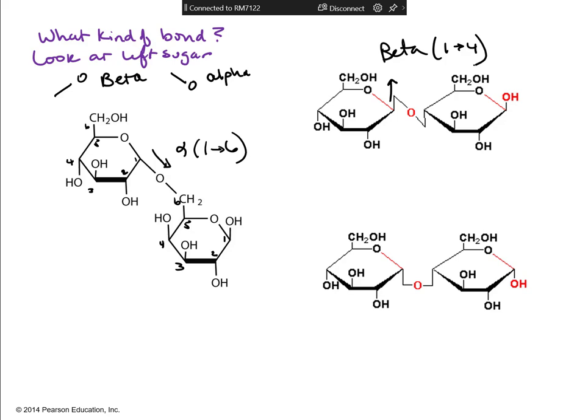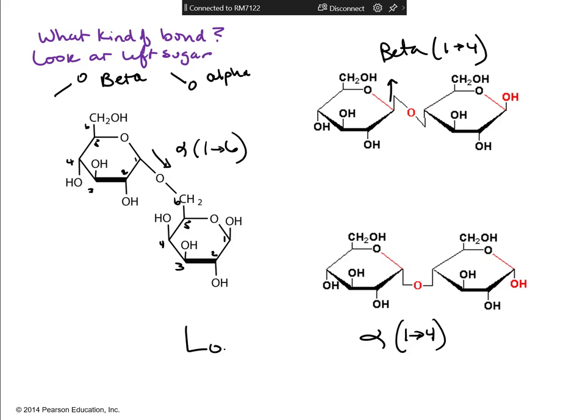What about the bottom one? Alpha what? 1 and 4. It's just a different way of drawing alpha. So instead of a V, this one looks kind of like a U. And again, it's just different ways that different drawing systems use. So if you see that, don't let that throw you.